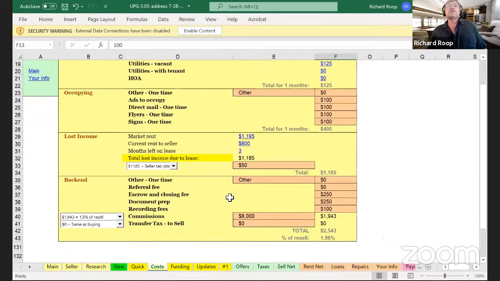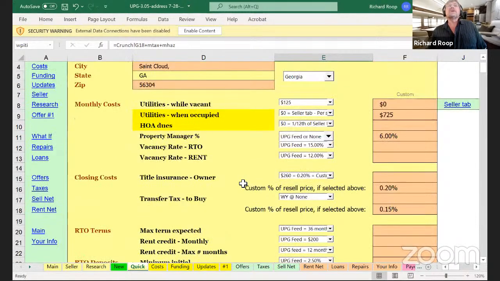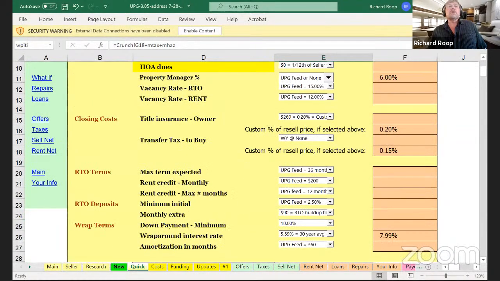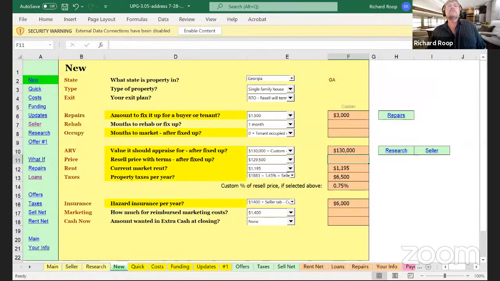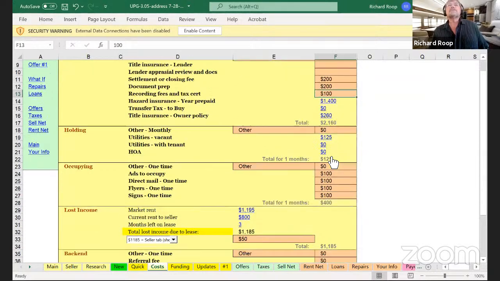Your home inspection, the $1,500 to fix it up. That seems a little high though, since I don't know where that's coming from. Oh, it's assuming that you're going to buy a year's worth of hazard insurance up front.